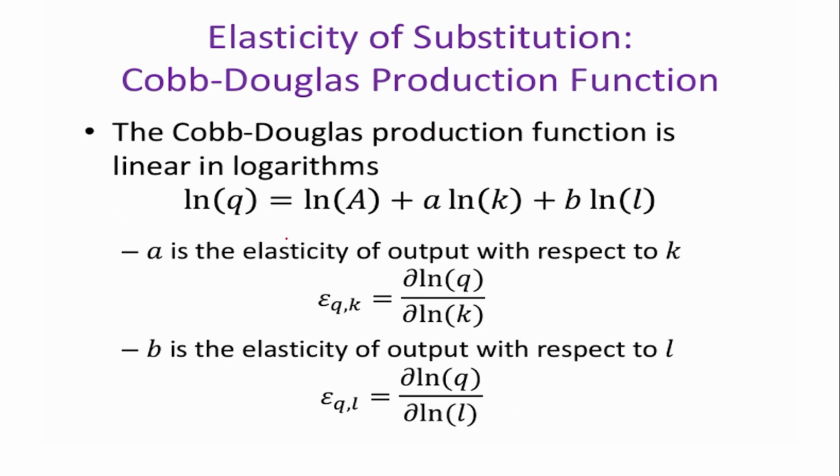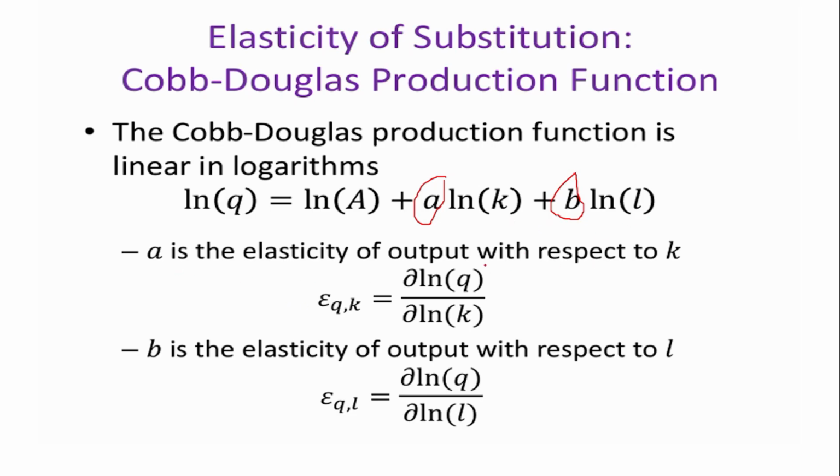Now if we want to know what a and b indicate, as we know, this is the proportion of K which is used in this production function.